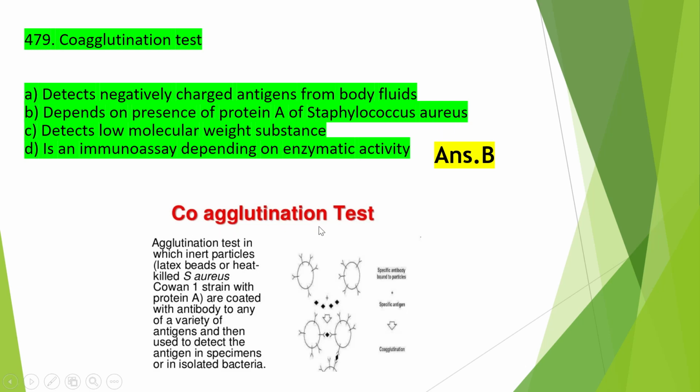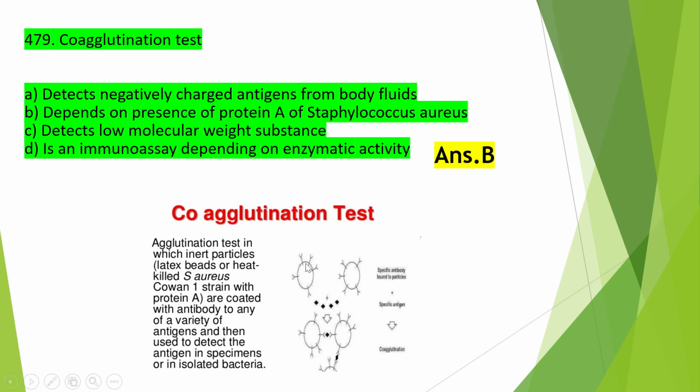Coagglutination is basically also an agglutination test in which inert particles like latex beads or heat killed Staphylococcus aureus Cowan 1 strain with protein A are coated with antibody to any of a variety of antigens and then used to detect the antigen in specimen or in isolated bacteria.